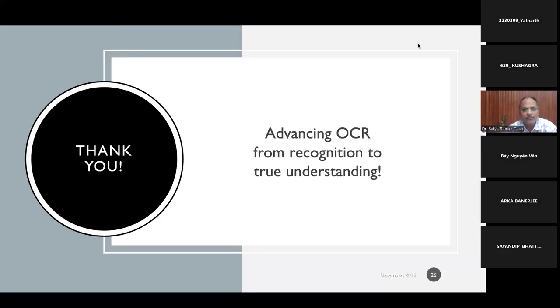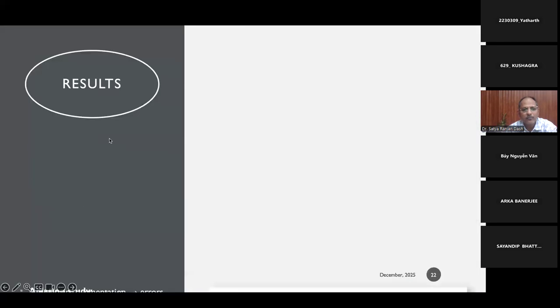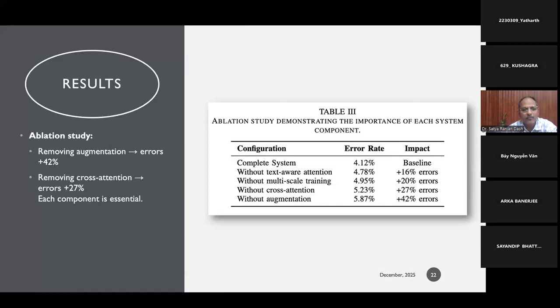Thank you for such a directly important question. As I showed in the previous ablation study, you can see when I removed augmentation, which is what we do to make the preprocessed input image better for the model, the errors increased by 42%.